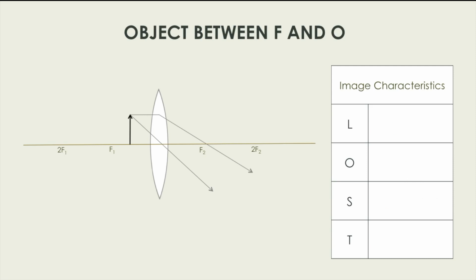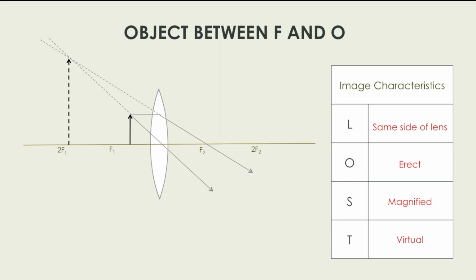So what we do is extend these rays backward and we get an image that is on the same side of the lens. Its orientation is direct, it's magnified, and it's virtual because the rays are not actually meeting, they appear to meet.